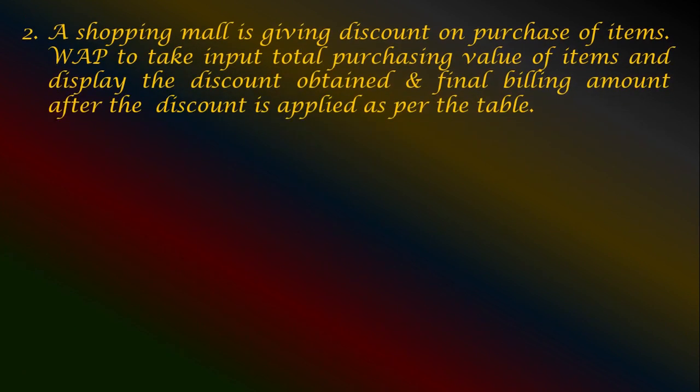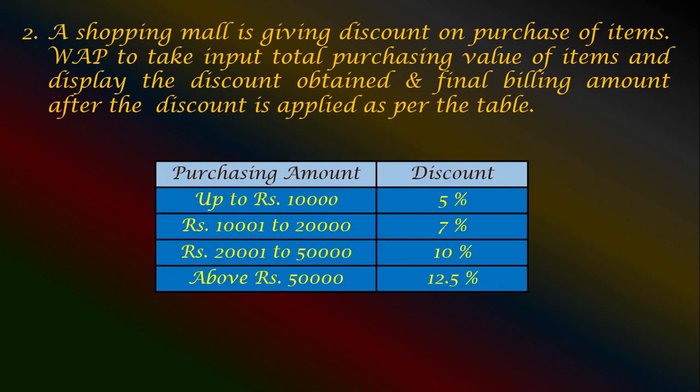It is saying that a shopping mall is providing you discount on purchasing of items. So we have to take input the total purchasing value of items, and then we have to display what discount we are eligible for, and also we have to find out what price we actually have to pay after the discount is applied from the given table.